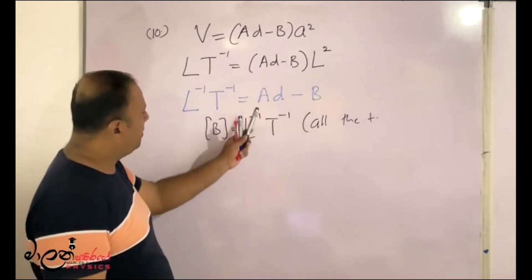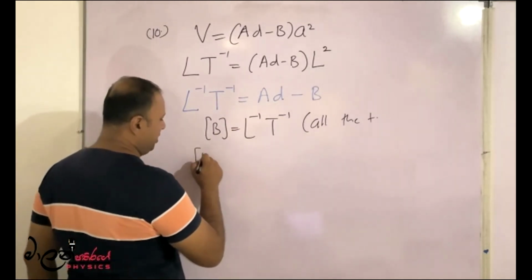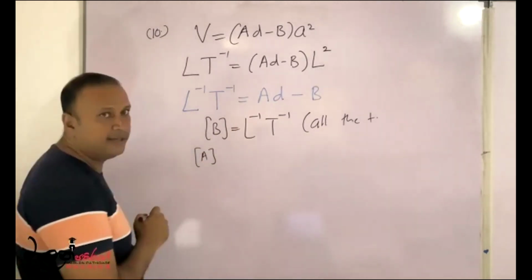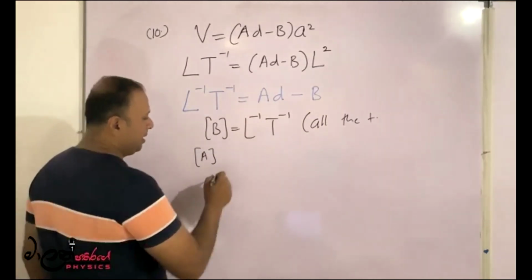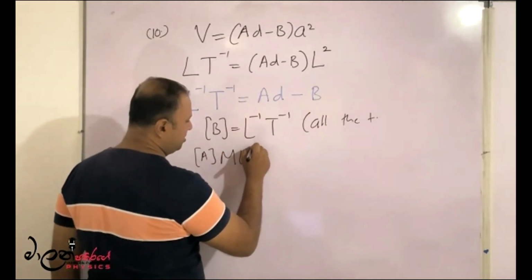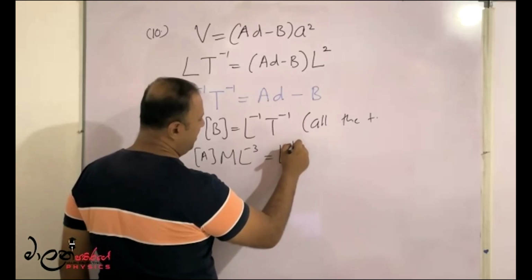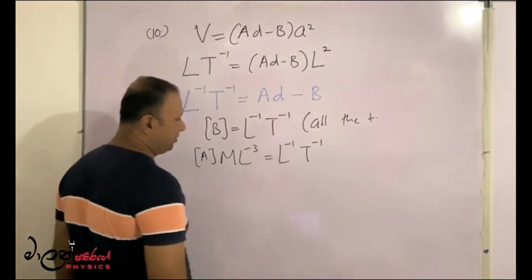Then, using the same argument, I can say A into D. A into D means density. D means density. Density means M L minus 3 is equal to L minus 1 T minus 1.